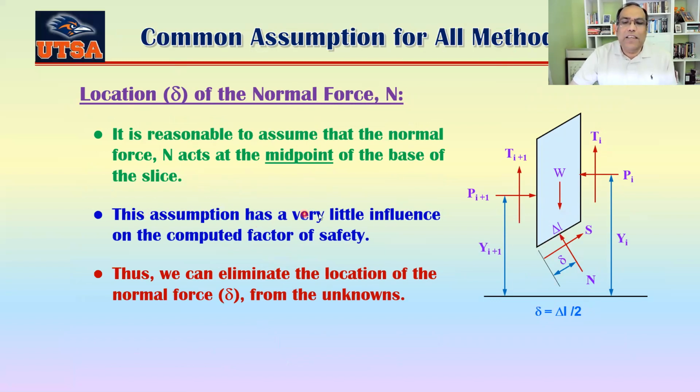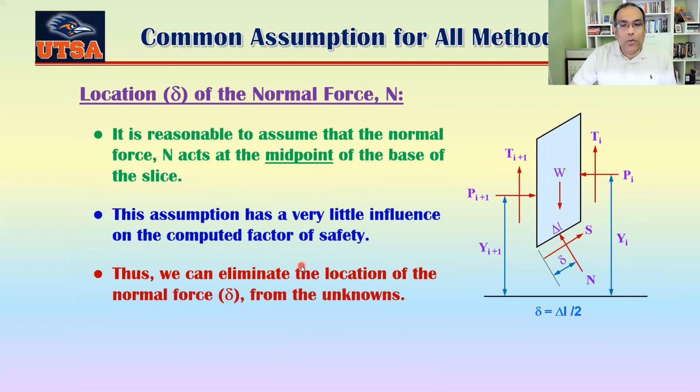This assumption has very little influence on the computed factor of safety. They checked that, if they move it a little bit this way or this way, it doesn't have a significant effect on your factor of safety. Thus we can eliminate the location of the normal force from the unknowns.